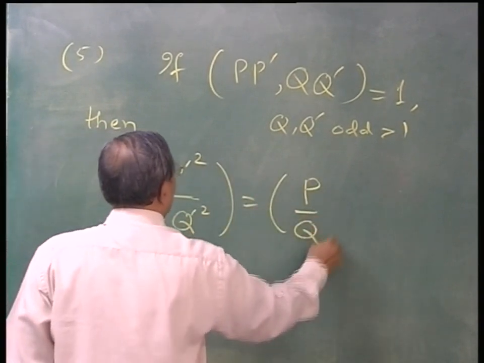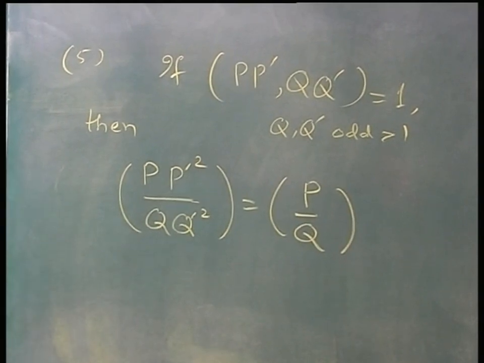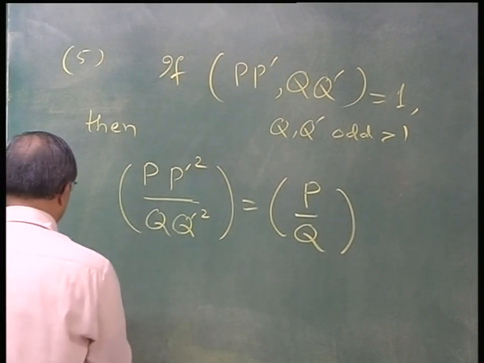(P/Q). This can be obtained by using property 4.